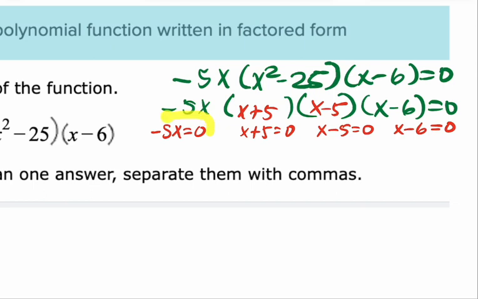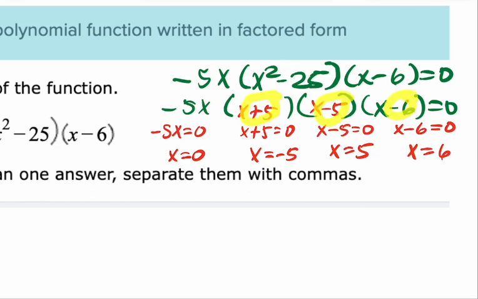So here, if we divide by negative 5, 0 divided by anything, still 0. 0 is allowed to be your answer. Some of you were a little concerned if you got an answer of 0. That's okay. It's just a number. Here, subtract 5. Here, add 5. Here, add 6. You might notice the pattern here. It always ends up being the opposite sign that we saw in the parenthesis.